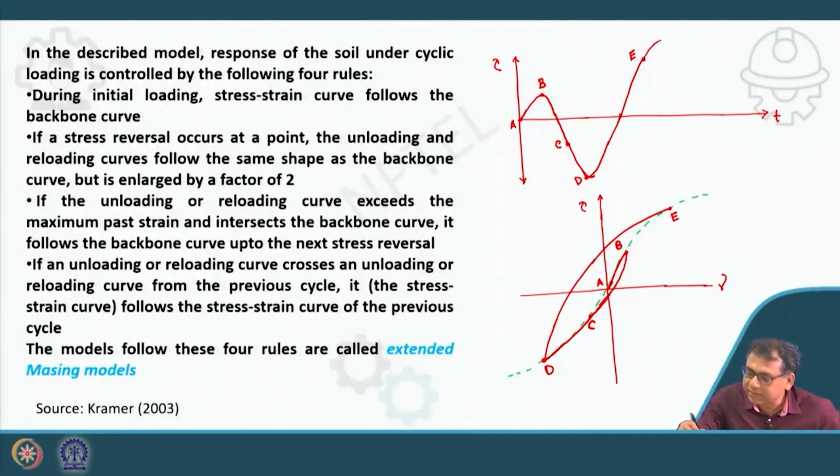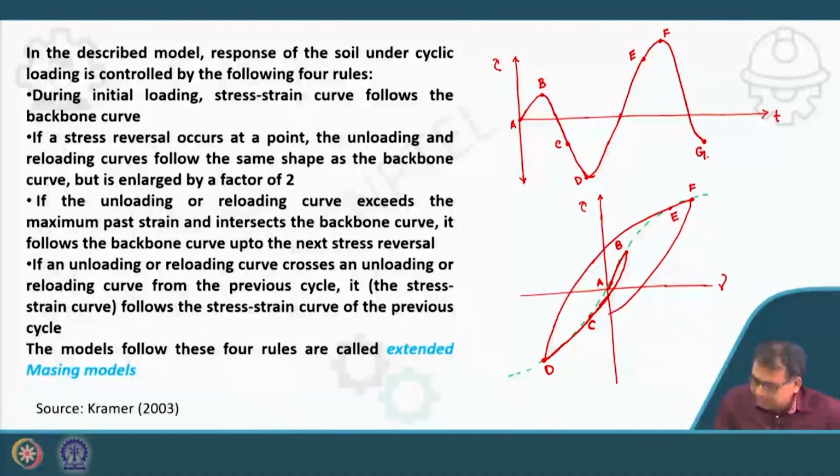So it will follow the backbone curve up to F, because there is the next stress reversal, going down up to, say, G. But at G it has not intersected the backbone curve, so it will not follow the backbone curve, because before that there is a stress reversal up to, say, H. So it will follow this path up to H, and then another stress reversal, and it will follow like this.